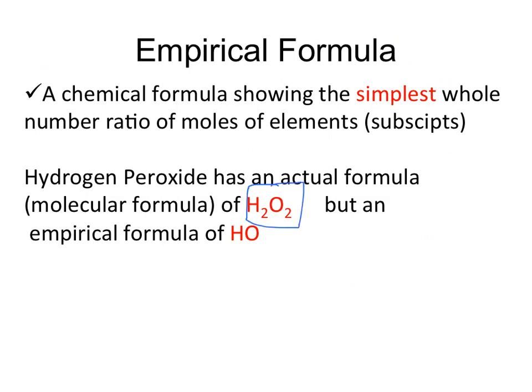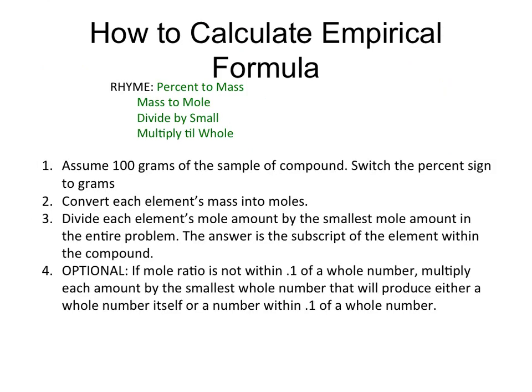We can simplify that formula into HO. That is considered the empirical formula, the simplest ratio. Sometimes empirical formulas are real actual compounds that exist, and sometimes they're just the simplest ratio that is broken down from a molecular formula. How do we calculate an empirical formula?